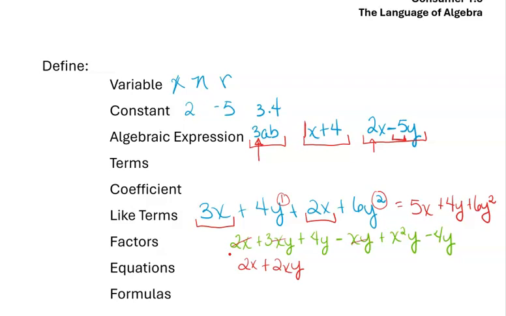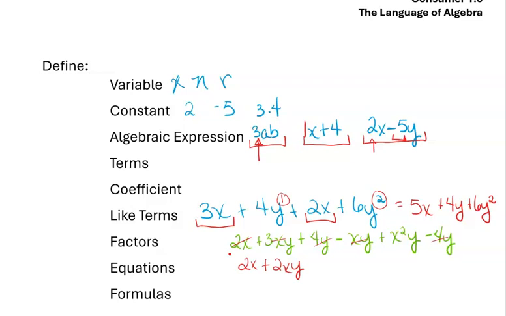So now let's look at 4y. Are there any like terms with that one? We've got a 4y over here. Oh, I have a negative 4y. The coefficients are different, because this 4 is a positive 4 and this is a negative 4, but the variables are the same, so that makes them like terms, and I can collect them. 4y minus 4y is nothing, so they become 0.